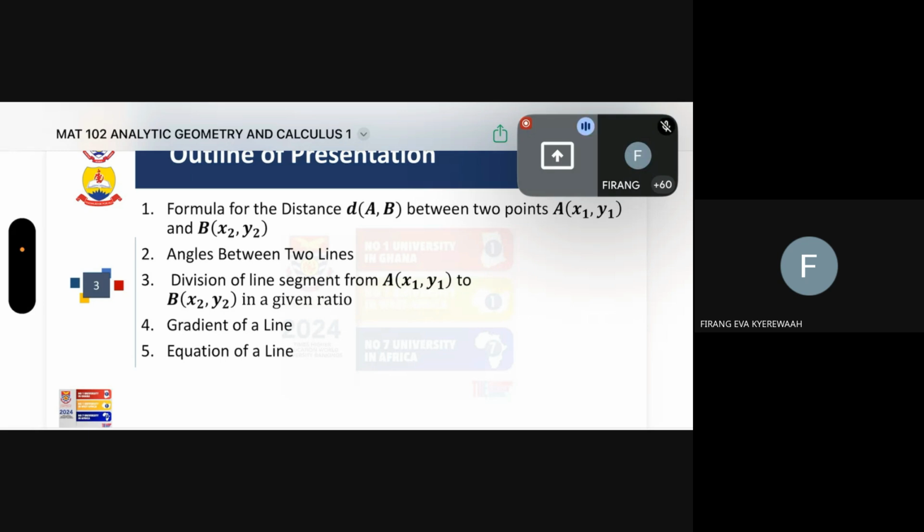So it's the same thing. And how do you find the equation of a line? Y minus Y1 equals M times X minus X1. Thank you very much. So it's the same thing that you know.